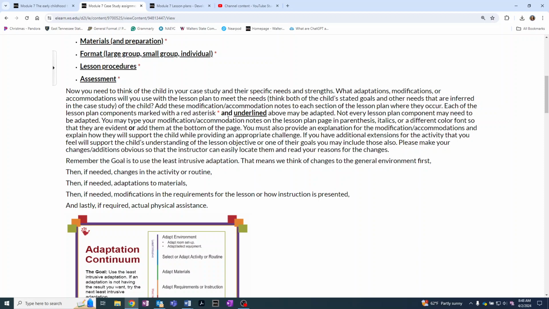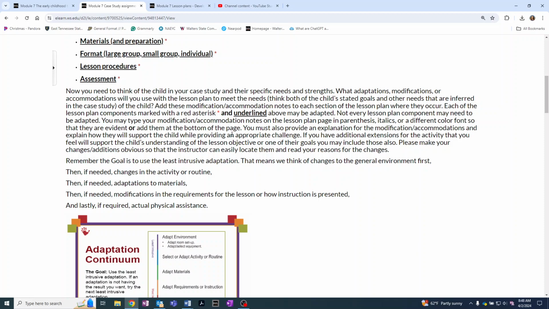Also think about modification and accommodation. You can put notes on the lesson plan in parentheses or use a different color font, and I'm going to show you an example here in a minute. But not only do you need to make modifications, you need to provide an explanation of how this is going to support that child's goals, right? Or that appropriate challenge. You can add extensions onto the activity if you feel it will support the child or the objective goals.